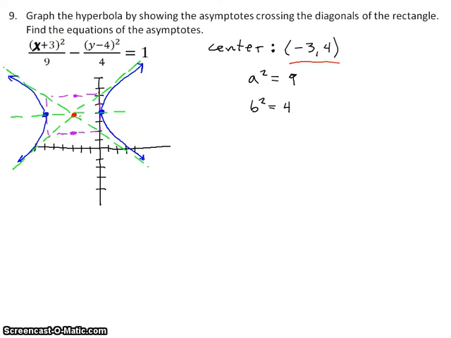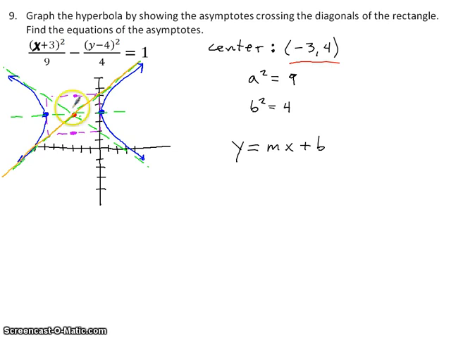And remember that the equation of a line is represented by y equals mx plus b. So I'm going to go ahead and figure out the equation of the asymptote first that's positive. So this one right here. Let's figure out the equation of that particular asymptote.